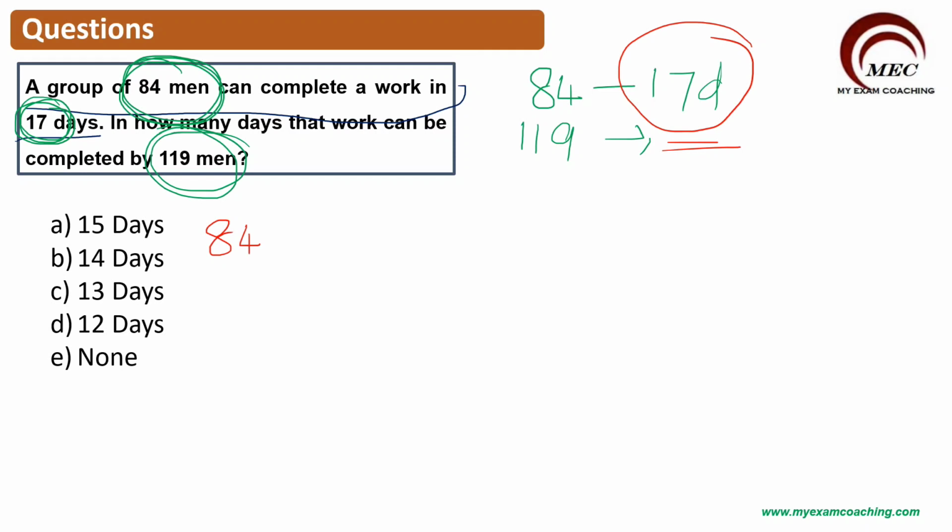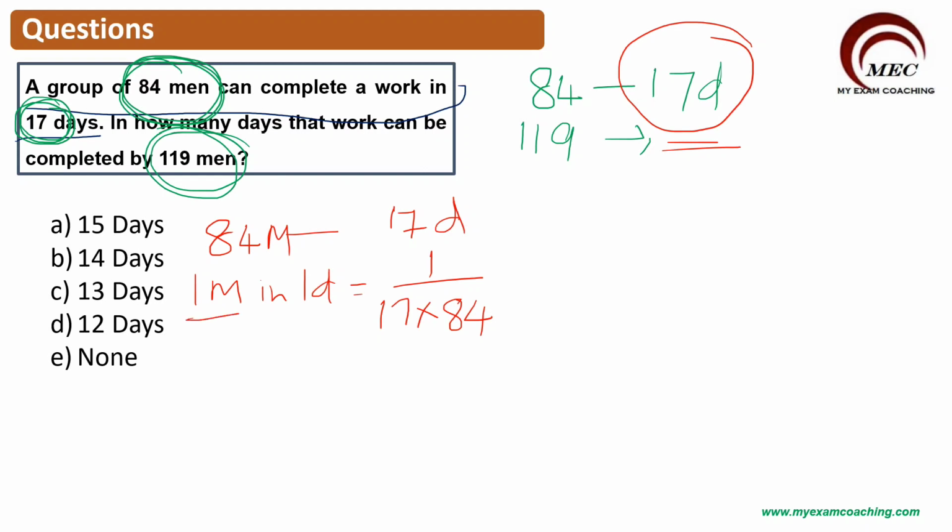84 men will take 17 days. So one man in 1 day will be 1 by 17 into 84. This is the normal formula. 84 men in 17 days.